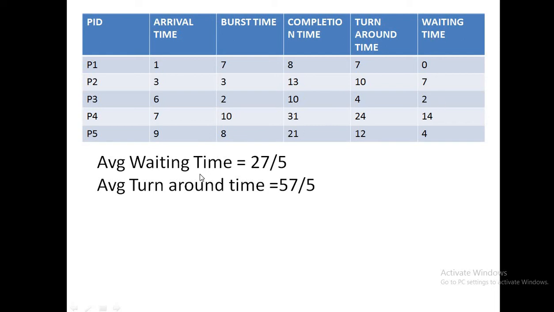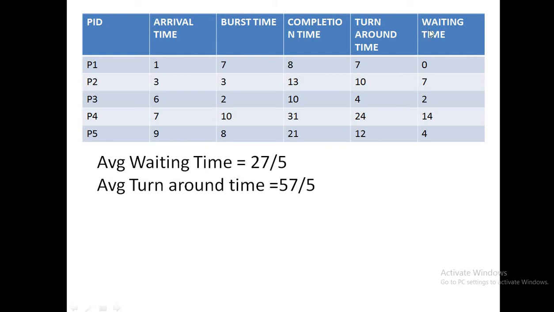So how do we calculate the average waiting time and average turnaround time? By adding the turnaround times of each individual job and dividing by the total number of processes. That means 7 plus 10 plus 4 plus 24 plus 12, divided by 5, that is 57 divided by 5.